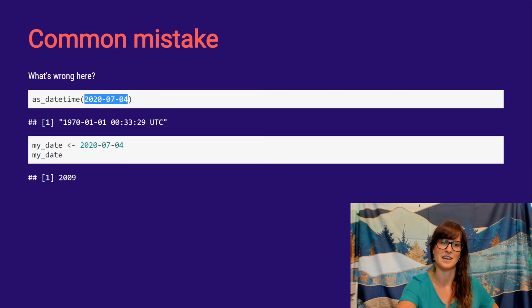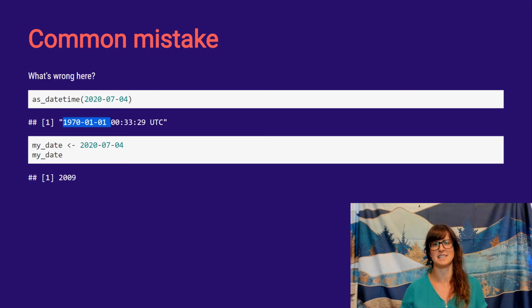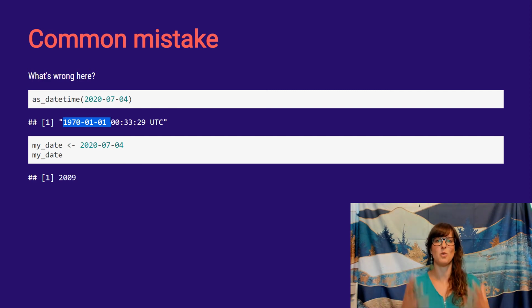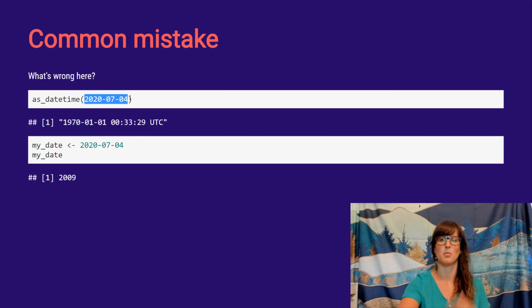And that's why this got converted to the date of 1970, not what you wanted. So be aware that these DateTime functions do want strings. Even if those strings contain mostly or exclusively numbers, they want a character object. If you give them a numeric object like this one, it's going to do some weird 1970 seconds calculation. Your game is going to get all thrown off.